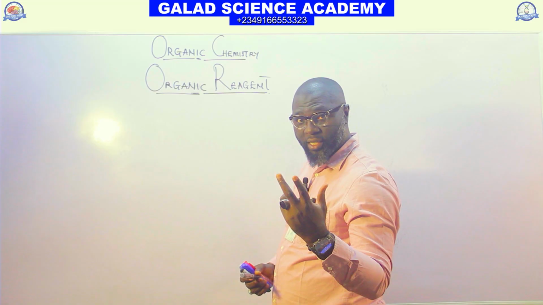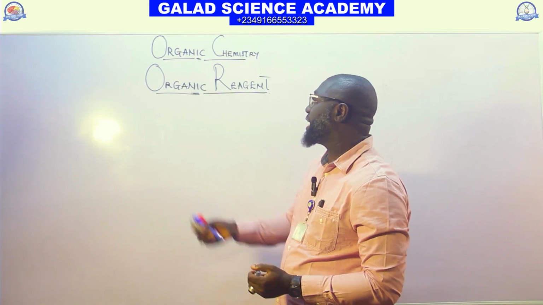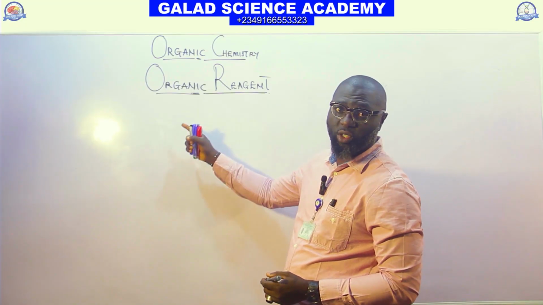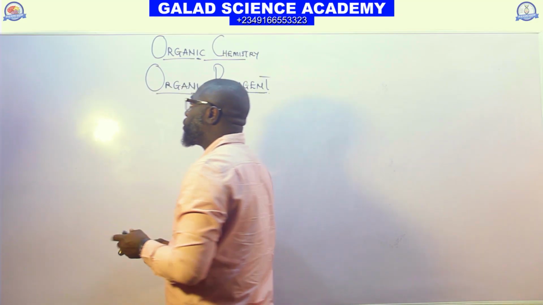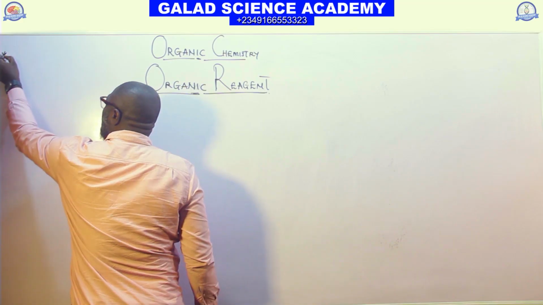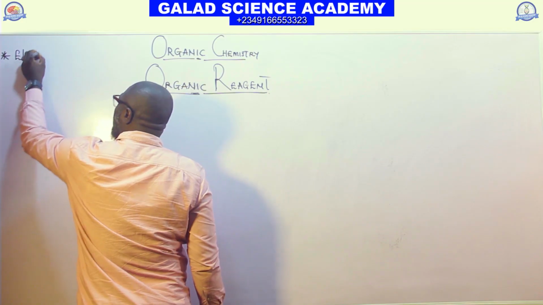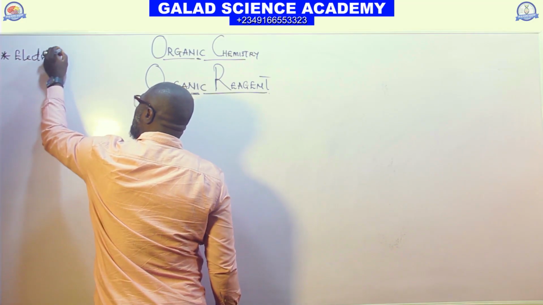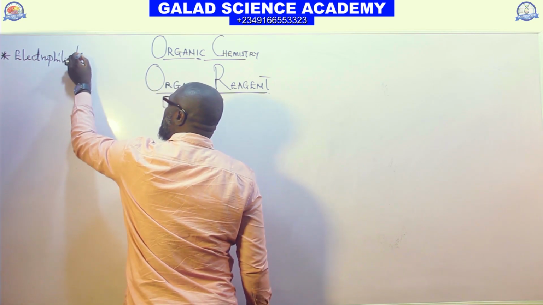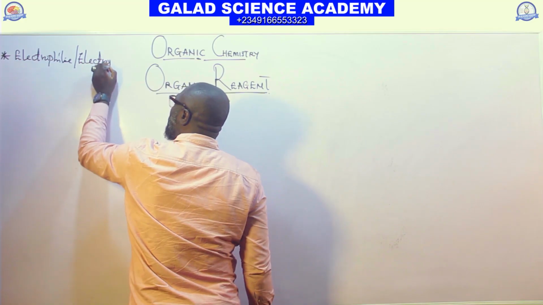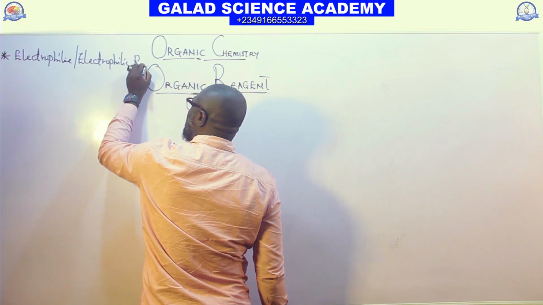So the organic reagents can be grouped into two parts. All the reagents that we are using in the mechanism of reaction of organic compounds, or in organic chemistry, can be grouped into two parts. The first one is called electrophile; this electrophile we can also call electrophilic reagents.